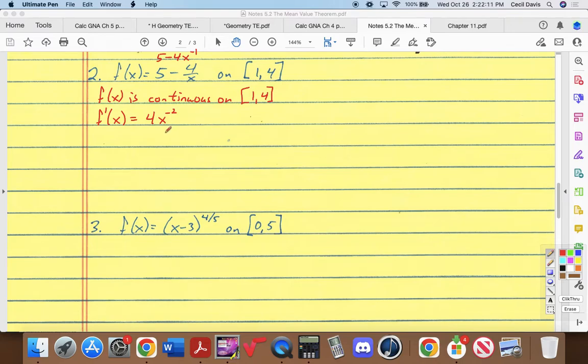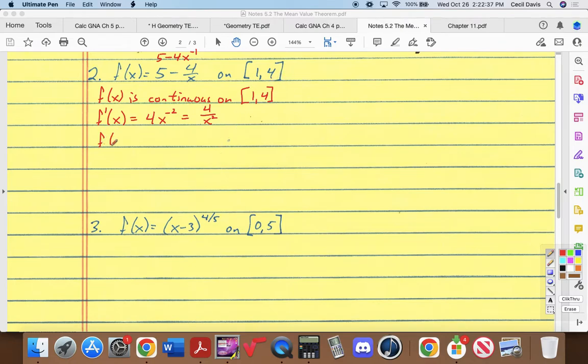Where is that not defined? Wow, you guys are killing me today. And x is 0, right? Fractions are not defined when the denominator is 0. That's it. They're defined everywhere else. Still not in my interval.